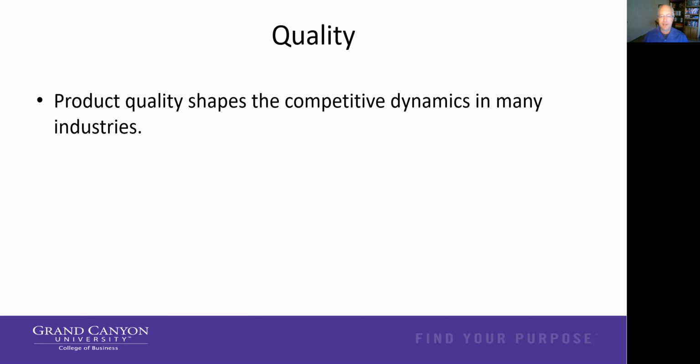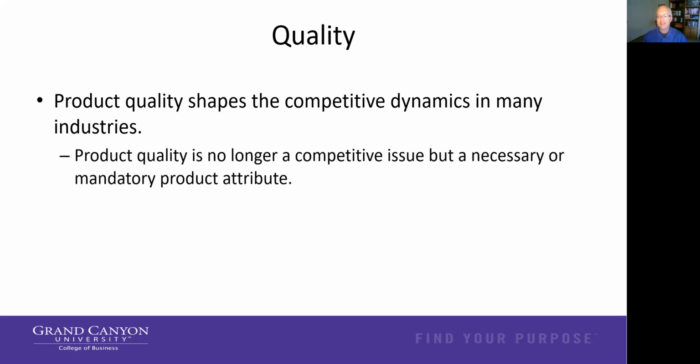Moving on to product quality. Product quality shapes the competitive dynamics in many industries. In fact, product quality is no longer a competitive issue, but a necessary or mandatory product attribute if firms expect to successfully implement any of the generic business strategies discussed earlier in week 3, if you remember, those were low cost, differentiation, focus, or an integrated cost leadership differentiation strategy.